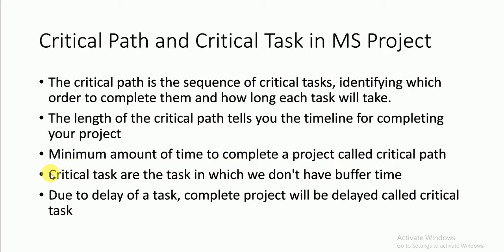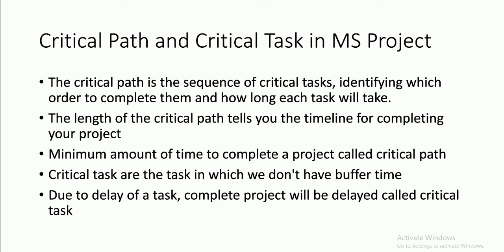So what is a critical task? Critical tasks are the tasks in which we don't have buffer time. If we don't have any buffer time, these kinds of tasks are dependent on other tasks. If these tasks are delayed, the second task that depends on this task will be delayed.